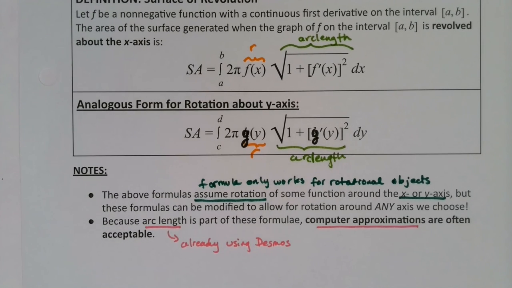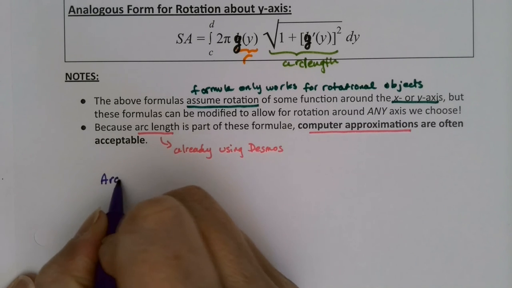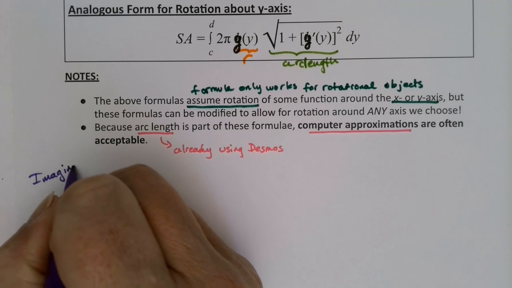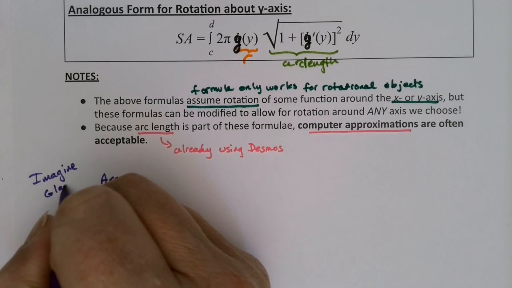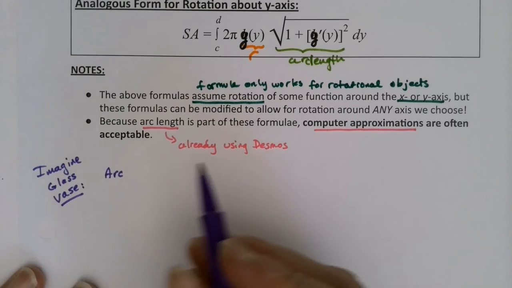And I just want to be really sure that we're all clear on the differences between all of these things. So arc length, if we imagine my glass vase from the one time that I was in Italy many years ago.